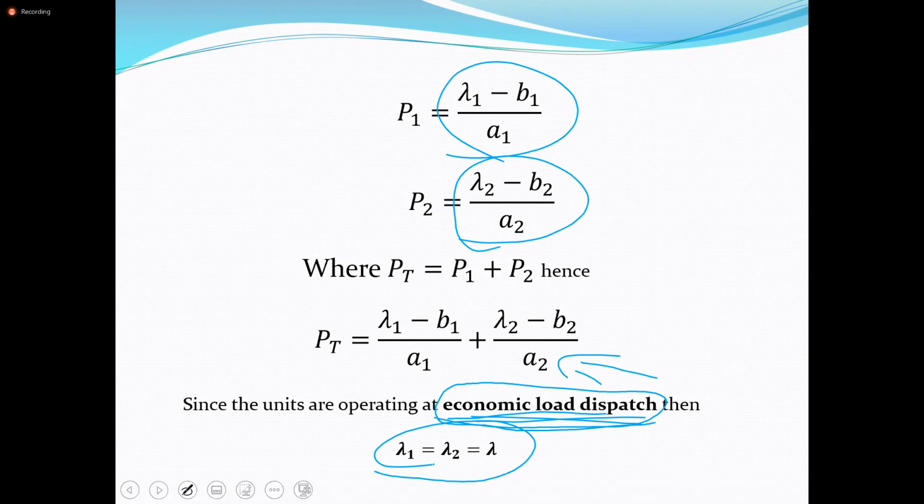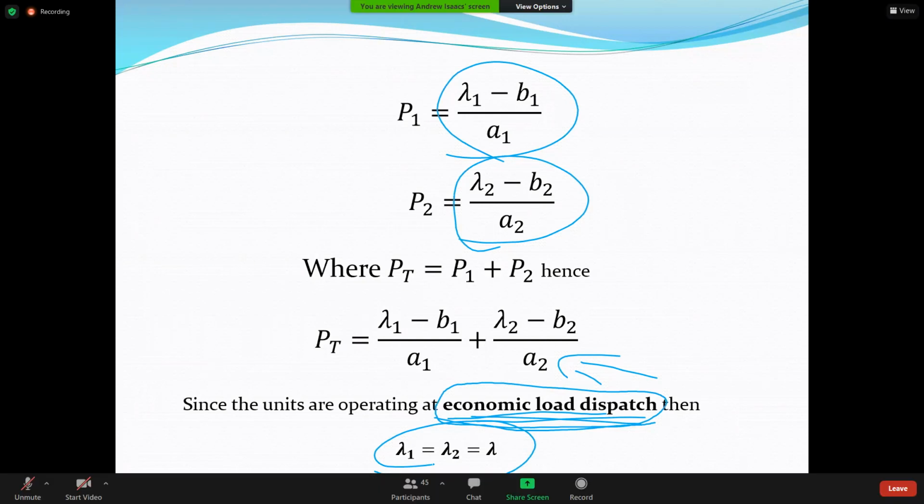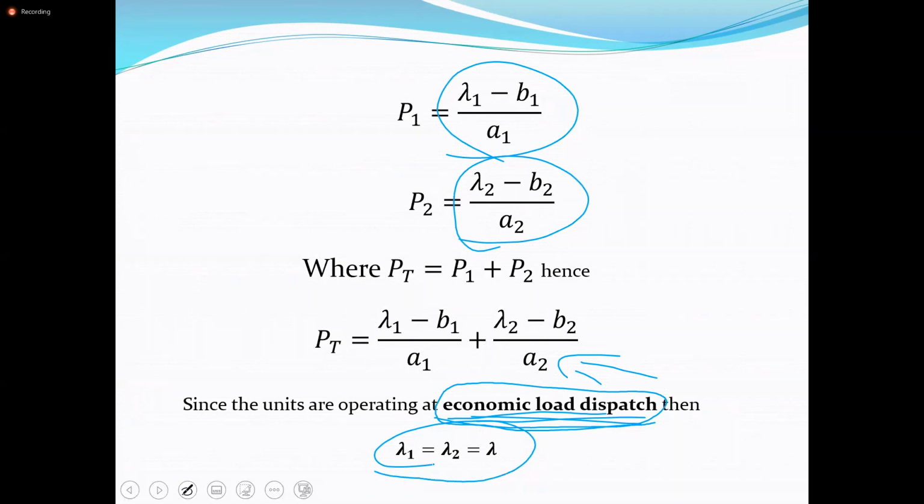And to remove any form of bias, we say that lambda 1 equal lambda 2 equal lambda. Because they are operating on economic dispatch, which means that the plant would be operating at the highest level of efficiency, yes, that is true.